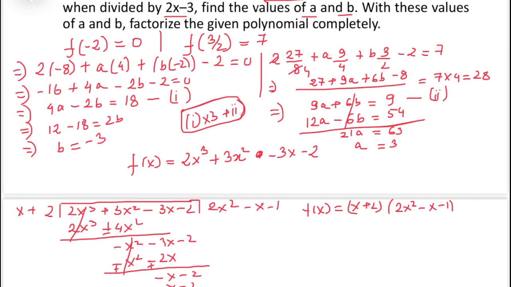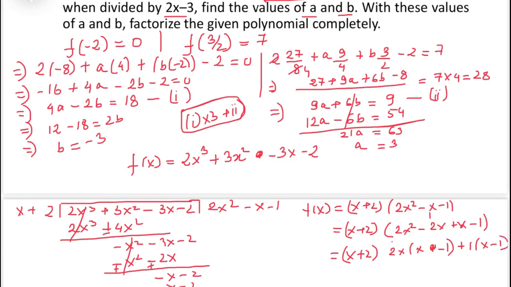So now we can further simplify this. How can we do that? We know that b is equal to a times c, so 2 times 1, so 2x square minus 2x plus x minus 1, we can write it in this format, equals x plus 2 times, let's take 2x as common, so x minus 1, and here let's take 1 common, x minus 1.